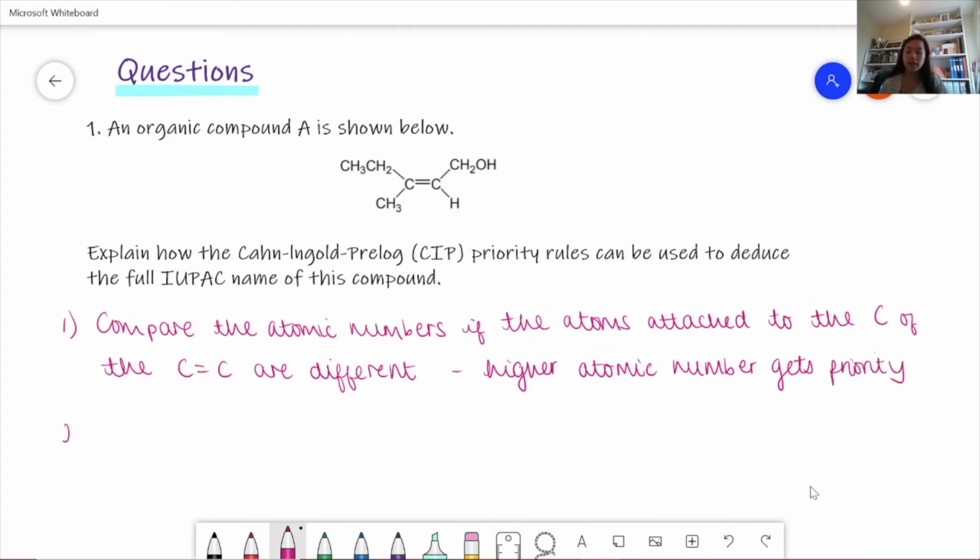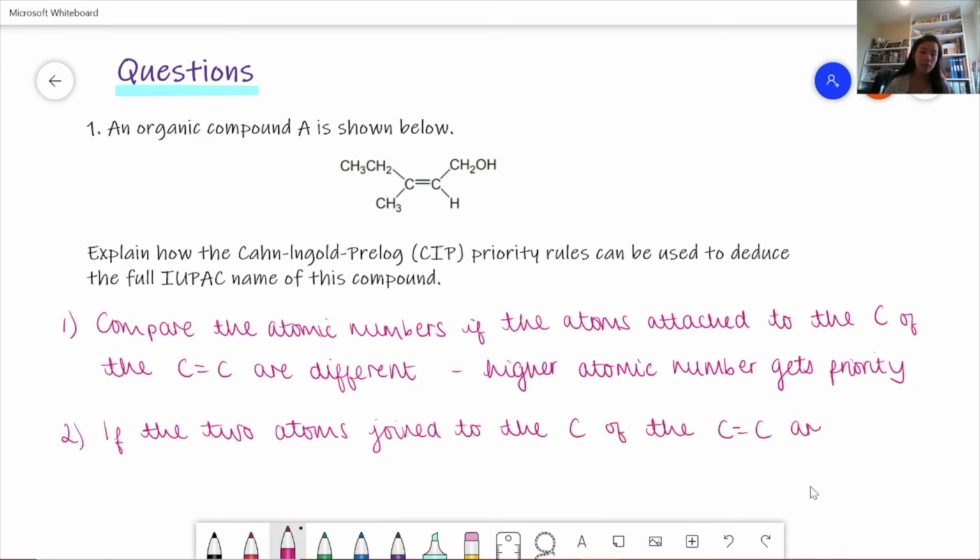And then the second step is that if the 2 atoms are the same, then what we do is we find the point of difference.